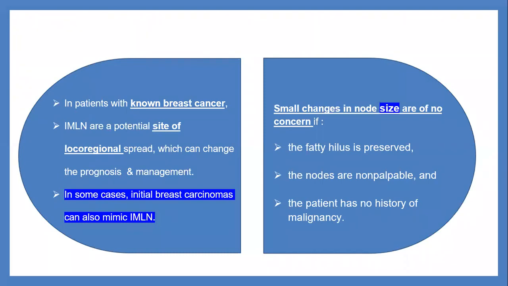If the lymph node is getting larger on interval but the patient has no history of malignancy, the node is not palpable, and the fatty hilum is well preserved, it will be a reactive lymph node and has no clinical concern.